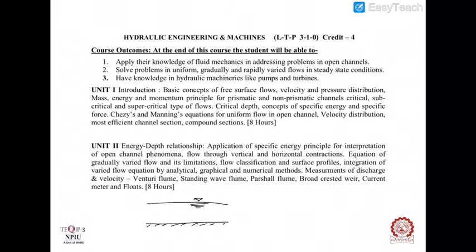If we change the depth of flow, by providing any obstruction so that the depth of flow will change, then this type of transition is called vertical contraction. Here we are changing the depth of flow by providing an obstruction.